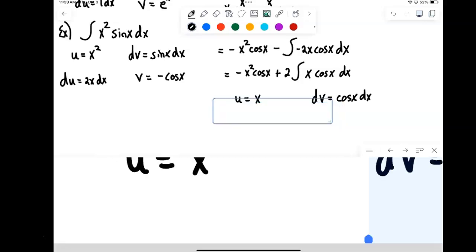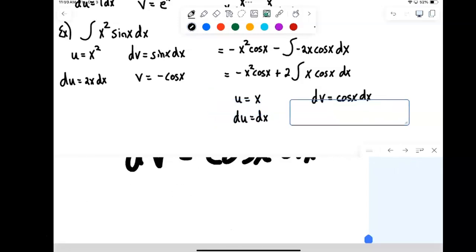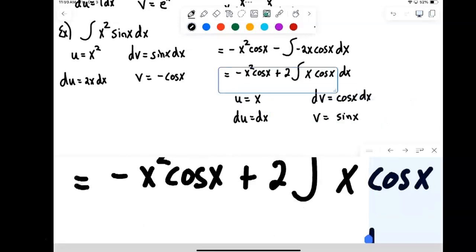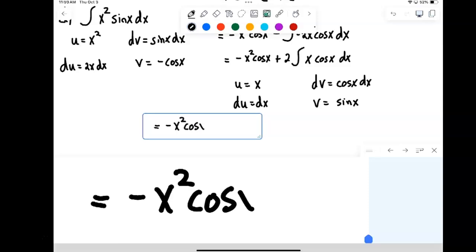Then we differentiate, du is just dx, so we know it's eventually going to get to an end. And the integral of cosine, remember, is positive sine. Okay, so we have this first part here, minus x squared cosine x, that's just going to carry around.